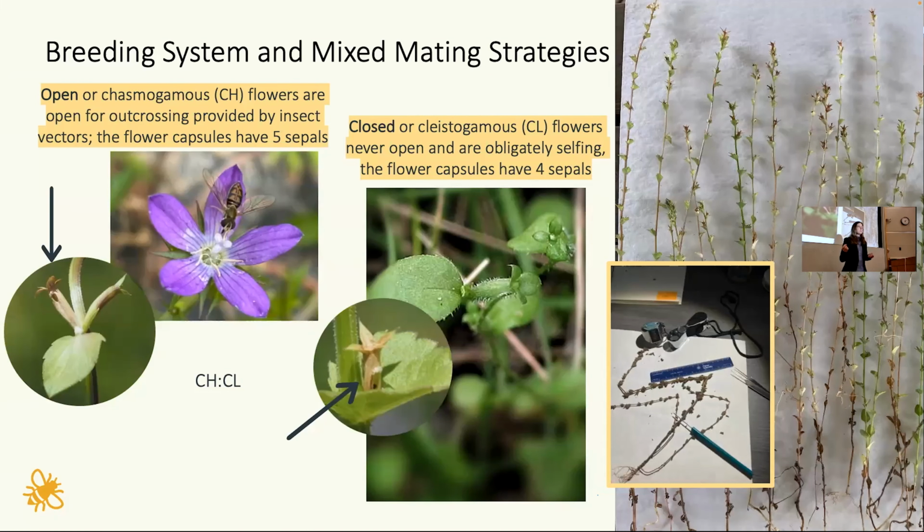And what makes them really awesome as a study system is that the seed capsules of these flowers are morphologically distinct, which means that we can count these seed capsules on an individual plant and look at the allocation of resources to these more expensive open flowers and these resource-cheap flowers that are closed.